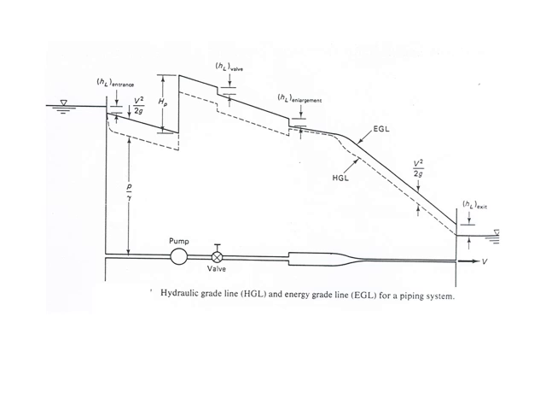The lines you are seeing are the total energy lines, which are the solid lines, and the hydraulic grade lines, which are the dotted lines, with the loss of energy throughout the system from the start to the other reservoir at the right hand side.